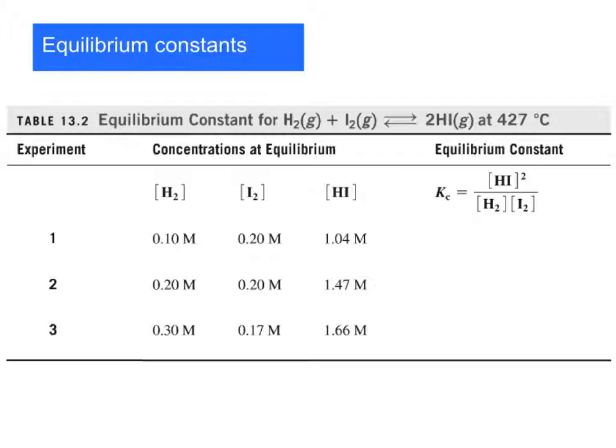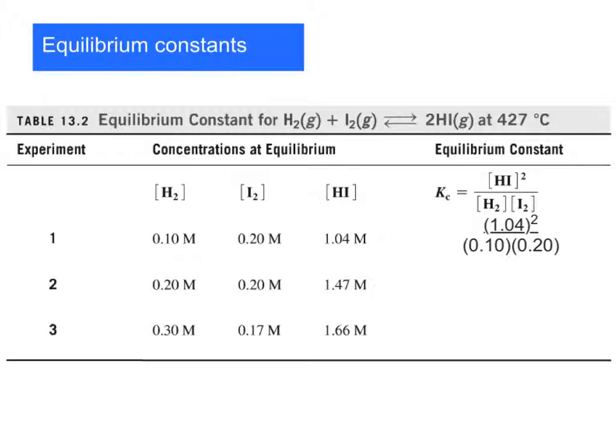Now that we have these expressions, this is the expression we just did in the first example on the previous slide. Let's see how these work in terms of actually doing the calculations. For the first one, we have 1.04, the concentration of HI, squared, divided by the concentration of H2, which is 0.10, times the concentration of I2, which is 0.20.